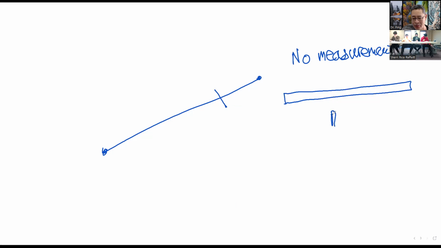And the compass also has no measure. We cannot say the radius is how many inches. We cannot say that because there is no way for us to measure.